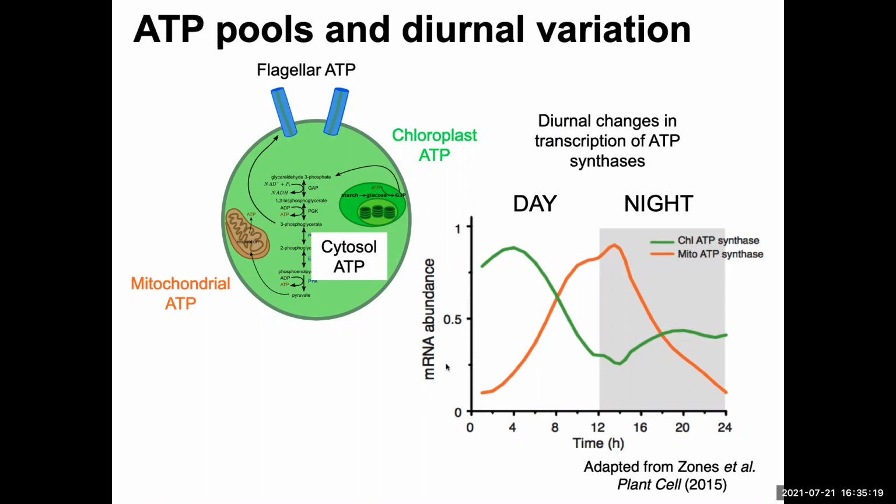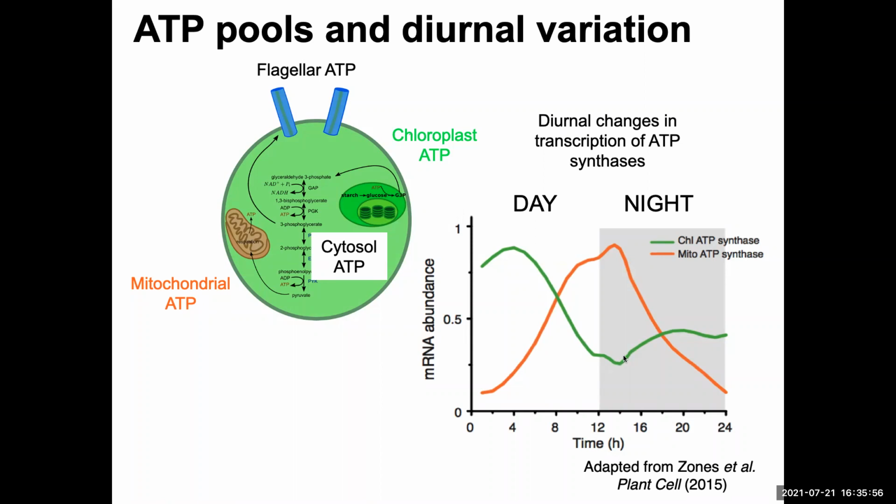This diagram plots mRNA abundance against time as a function of day-night cycles, and you can see that the transcription of the ATP synthase in the chloroplast drops as the night comes in, and the mitochondrial ATP synthase rises and then drops during the night.